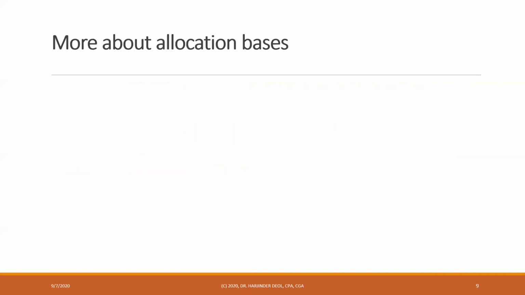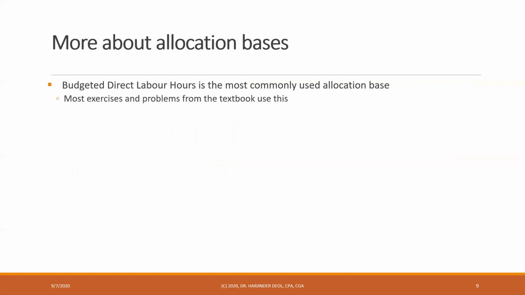A little more on allocation bases. Usually, budgeted direct labor hours is the most commonly used allocation base, and you'll find that most of the exercises and problems in this course use direct labor hours as the allocation base.